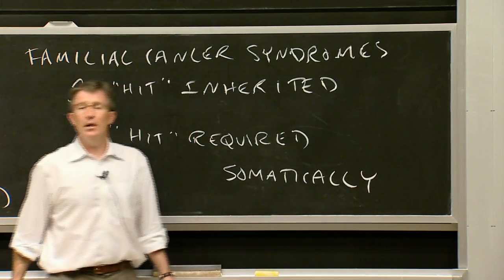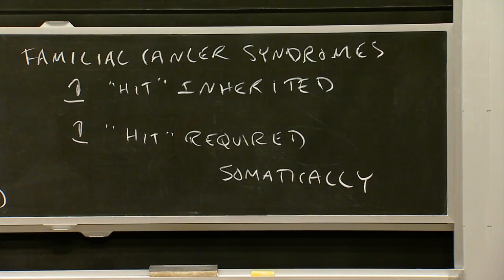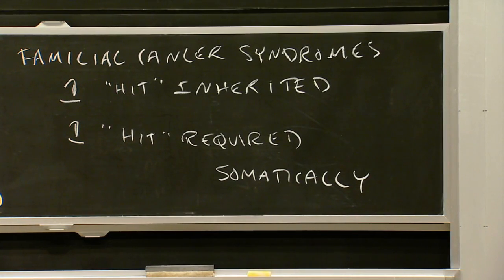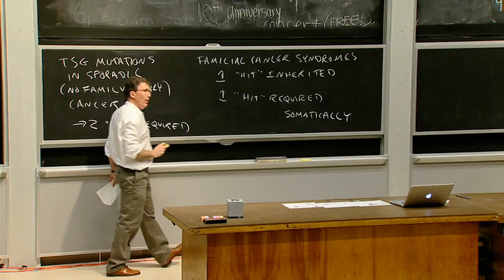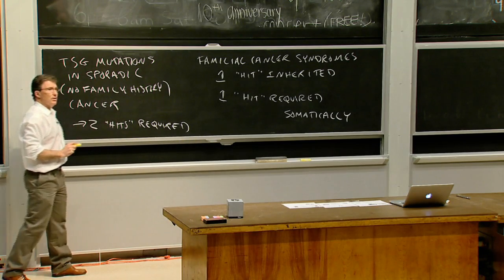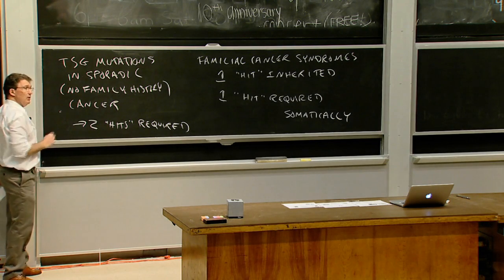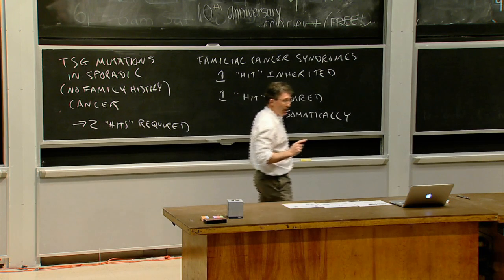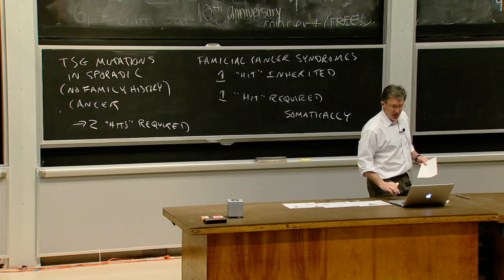Meaning that only one hit, one mutation, is required somatically, that is, in the individual's own cells, in their body. And this is why these individuals are cancer prone, because they're one step away from lacking the tumor suppressor gene altogether, whereas in most people, two mutational events are necessary, and it's rare, not never, but rare, to get those two mutations.